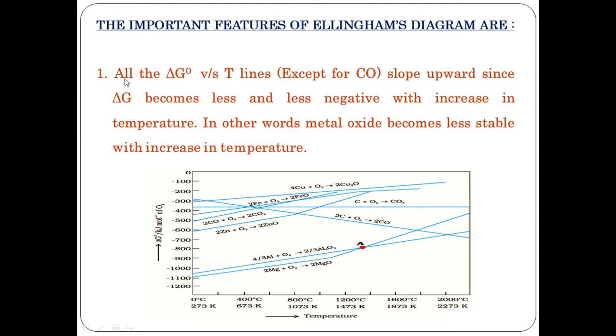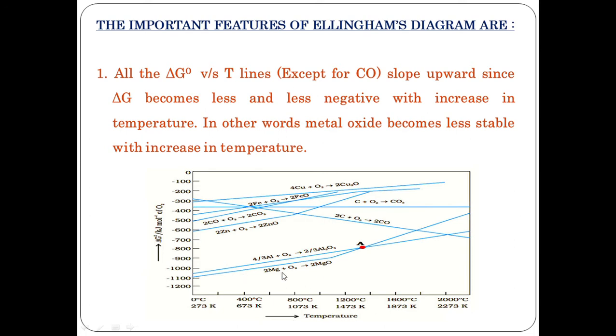Number one, all the delta G naught versus temperature lines, except for carbon monoxide, slope upward, since delta G becomes less and less negative with increase in temperature. So when we see the Ellingham diagram, on the y-axis is delta G naught, the standard free energy change, and on the x-axis is temperature.